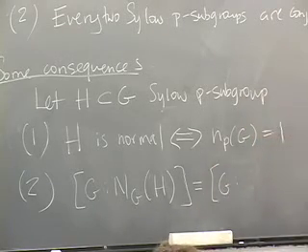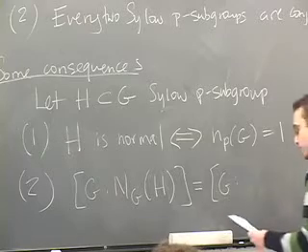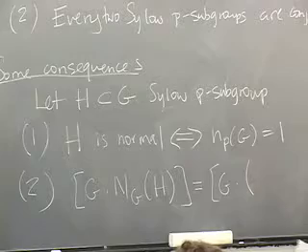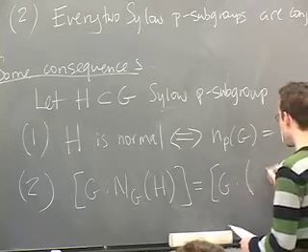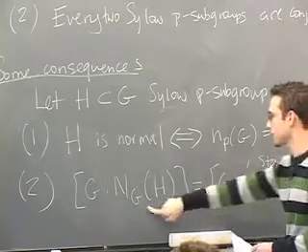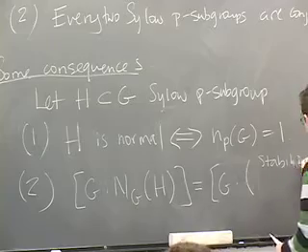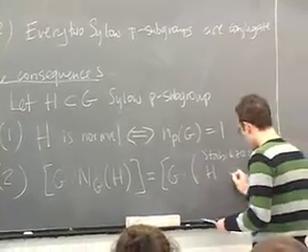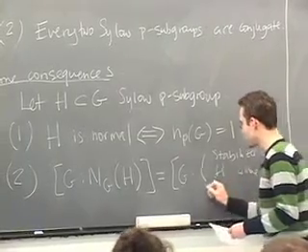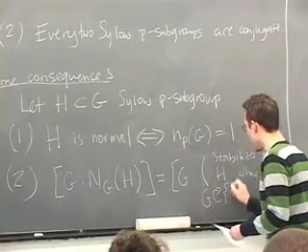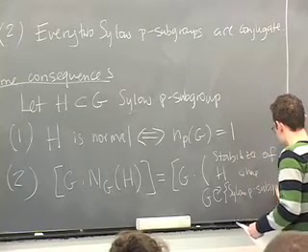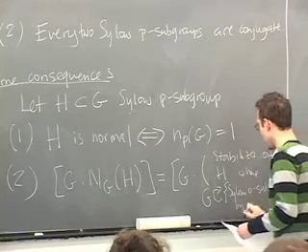This is just the counting formula. This index is the same as the index in G of the stabilizer, because the normalizer is by definition the stabilizer of H, where we have G acting on the Sylow p subgroups by conjugation.